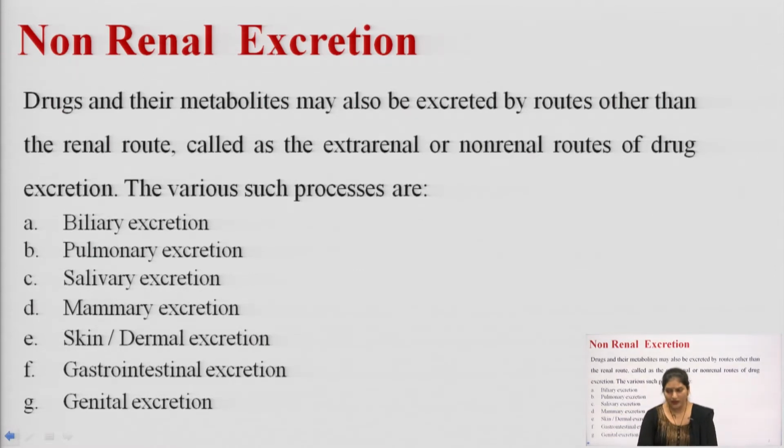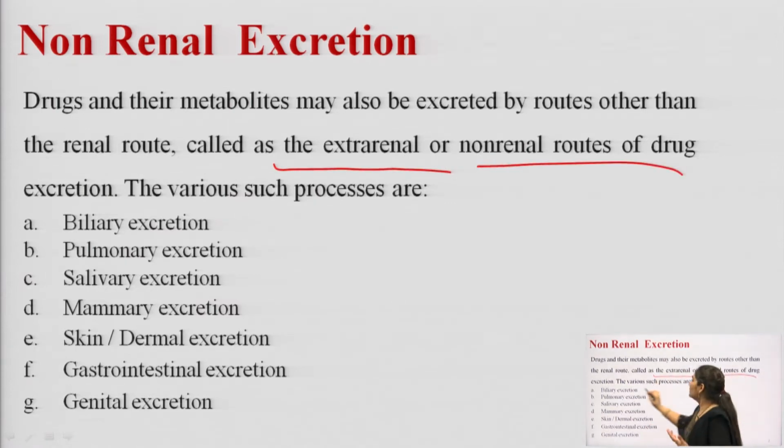The drug or its metabolites can get excreted out by routes other than the renal route also, and these other routes are called the extrarenal or non-renal routes of drug excretion.